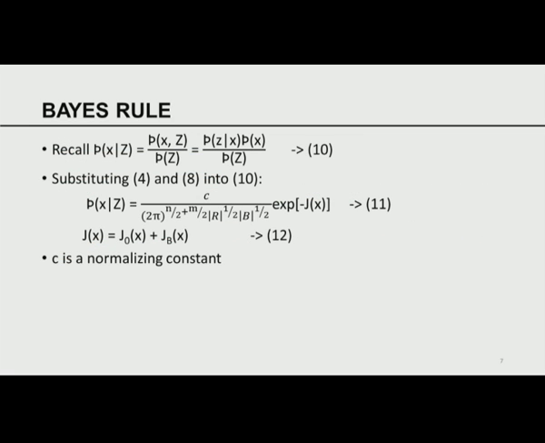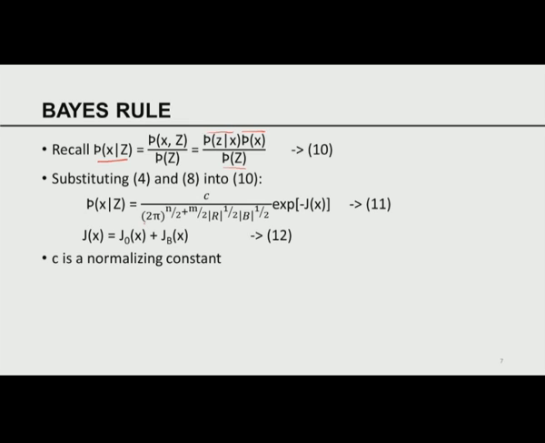So recall the Bayes rule: this is the posterior, that is the prior, that is the conditional distribution, and P of Z is the normalizing constant. I can now substitute. Look at this now, I have the expression for P of X, I have the expression for the conditional distribution, both are normal. I can substitute everything.